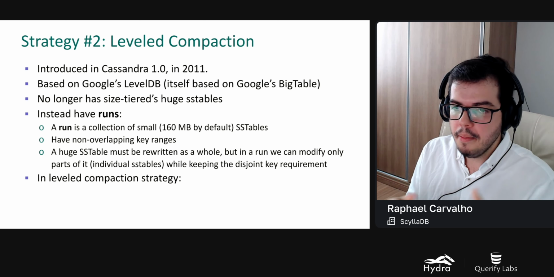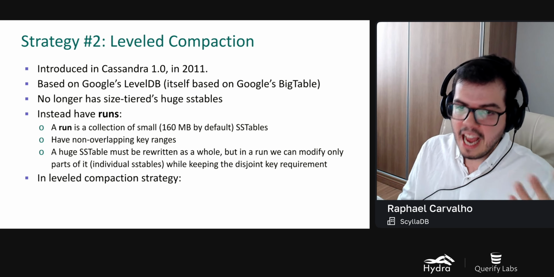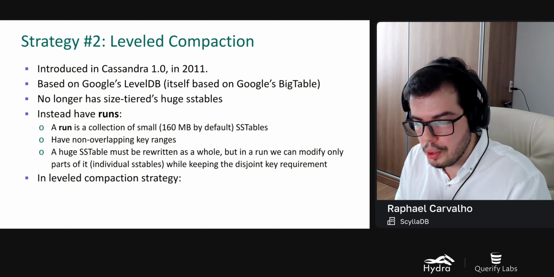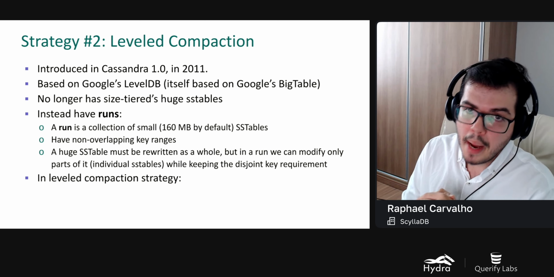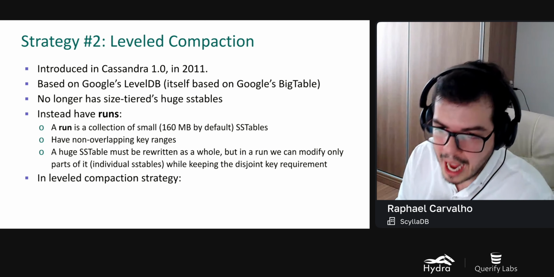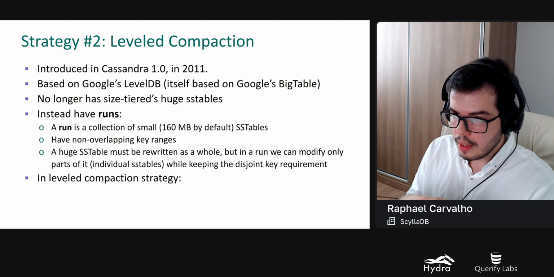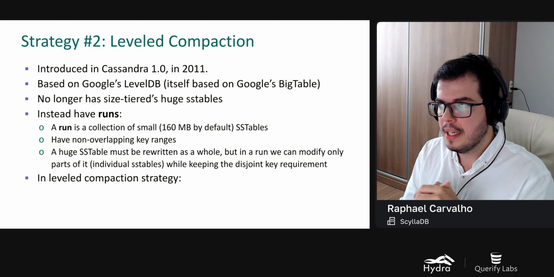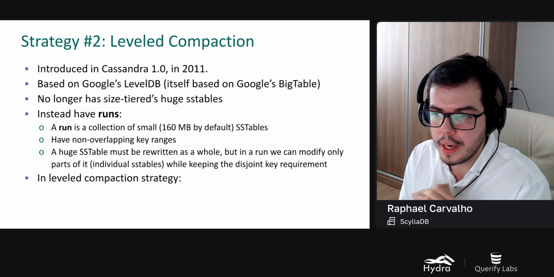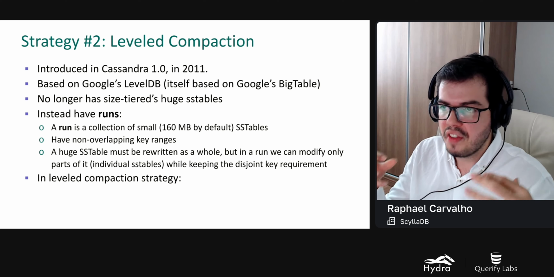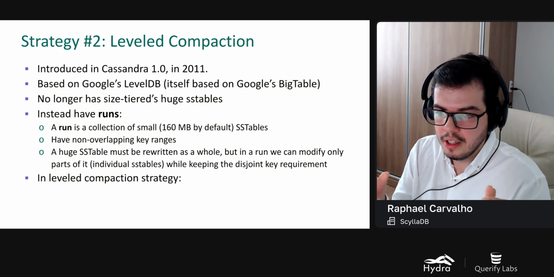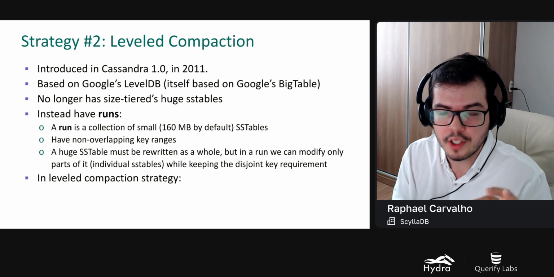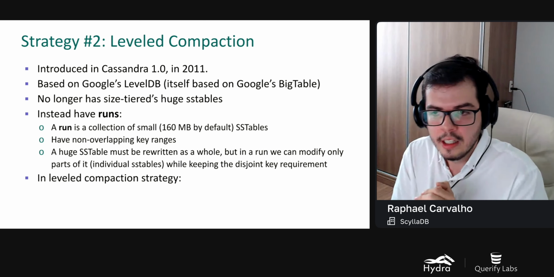By having this layout, we also reduce the space requirement for compaction to happen. We know in tiered policy that we compact the entire bucket together. But with leveled policy, we are only going to compact a subset of the level.